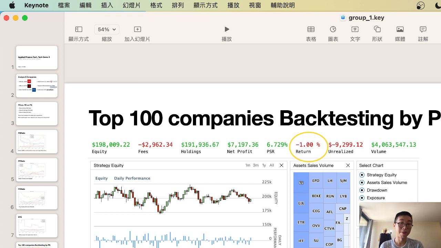Probably because the PS ratio doesn't take into account whether the company is going to make money in the future or makes money right now. It's really focusing on how much investors are going to pay for this share right now. It's really market data.